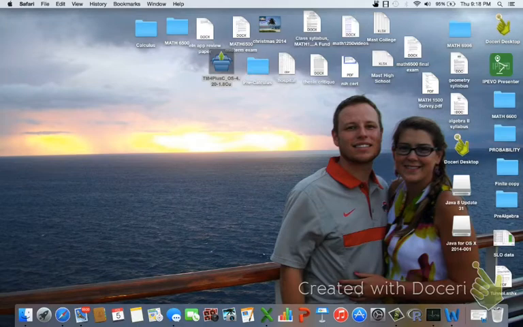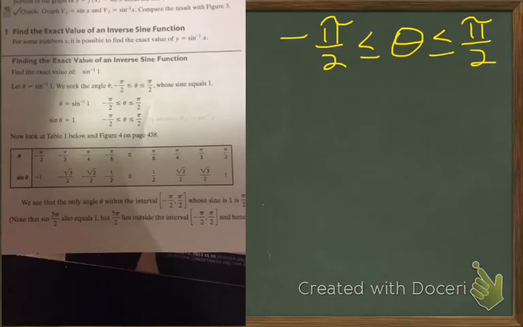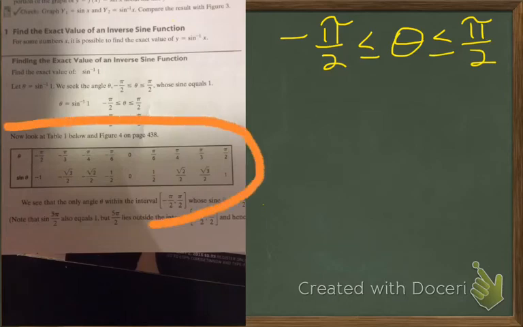What we're going to do is start talking about finding the exact value of an inverse sine function. First we need to look at this chart we have right here. Ignore everything else on that page. We just want to look at that chart. This chart takes us from negative pi over 2 to pi over 2.